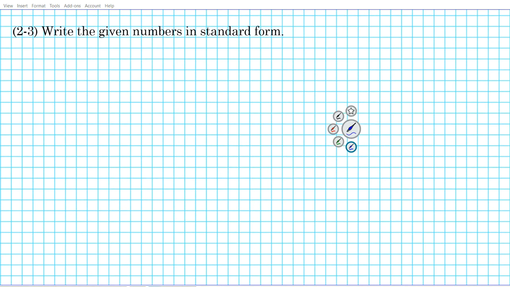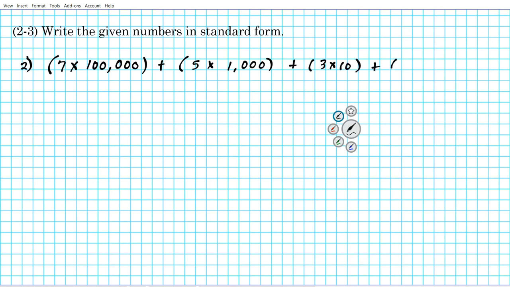All right, for question 2 and 3, the instructions are for us to write the given numbers in standard form. So we'll be given numbers presented in expanded form, and we're to write them in standard forms. All right, so for question number 2, let's say we have the number, 7 times 100,000 plus 5 times 1,000 plus 3 times 10 plus 2 times 1.